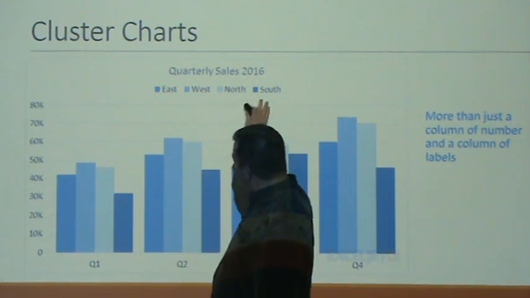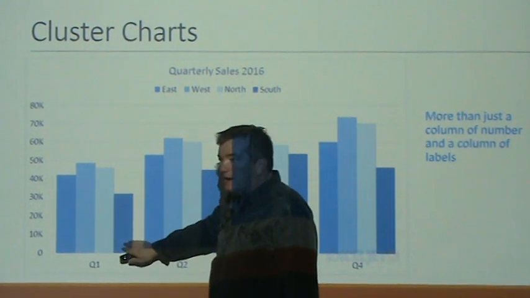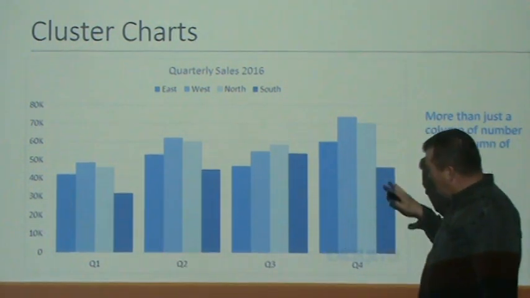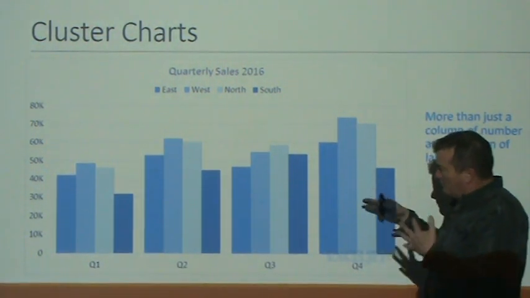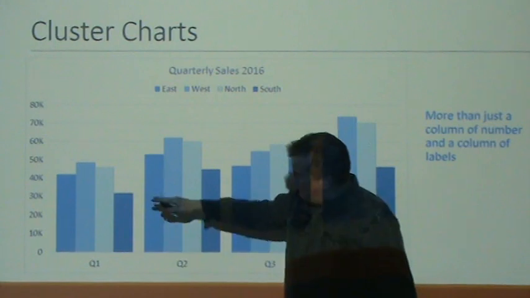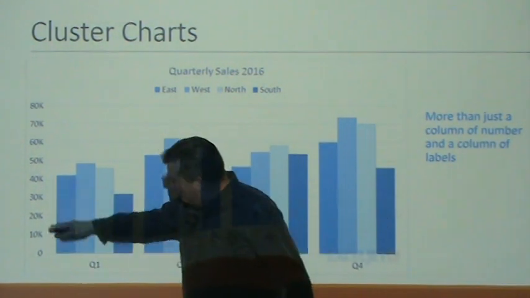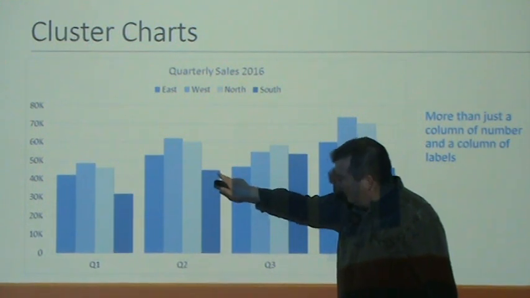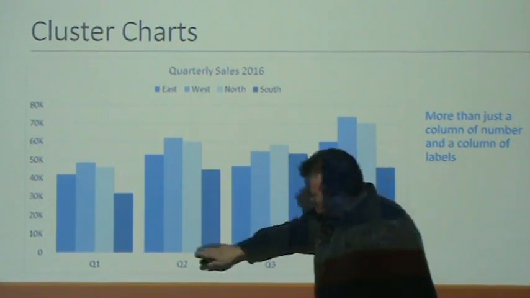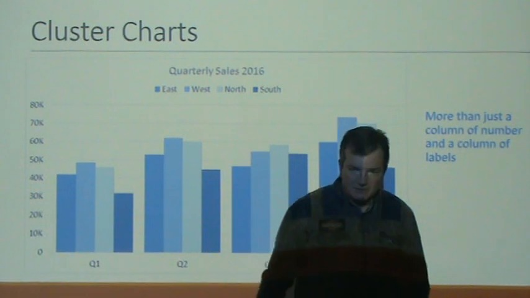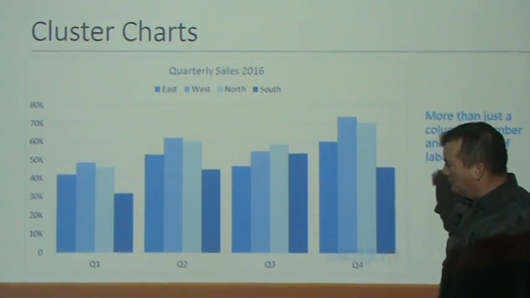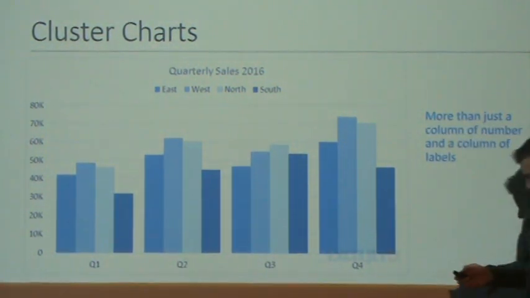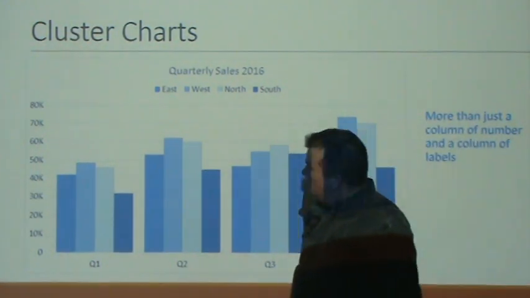In other words, was the south first quarter pie slice bigger than the south fourth quarter pie slice? You might not be able to see it with your eyes, but if you put it into a clustered chart like this with labels on it, then you can see, oh, this number is smaller than that number. Whereas if this was a pie slice and this was a pie slice, you might not be able to tell with your eyes which one's bigger. If the trend is going up or the trend is going down.